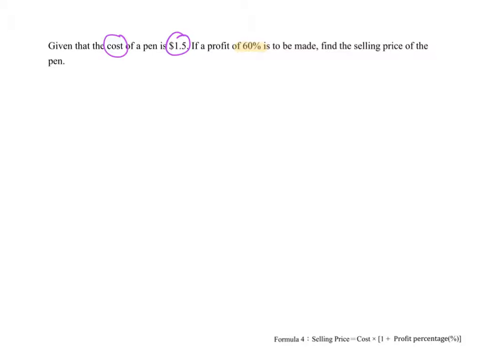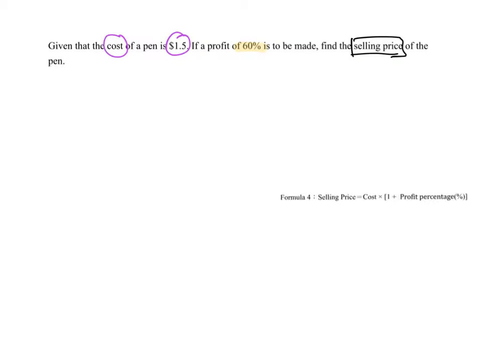And you need to find the selling price of the pen. We can find the selling price by formula 4. Cost times bracket 1 plus profit percentage.